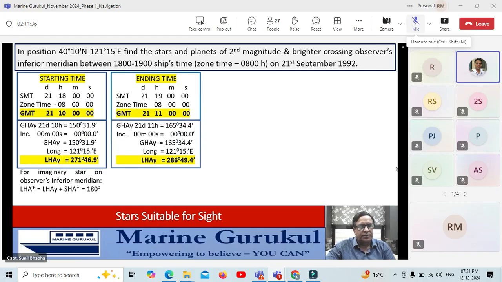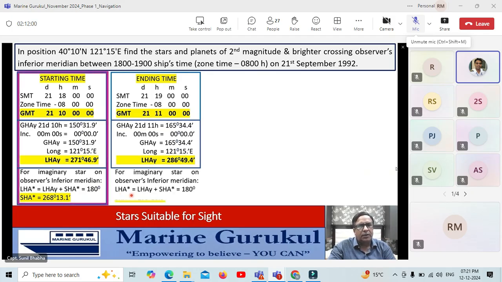You can see here LHA of the imaginary star is equal to 180, LHA Aries is 271, and putting these values, we get the SHA of the star as 268 degrees 13.1 minutes. Likewise, we get the SHA of imaginary star on the observer's inferior meridian at the end of the interval, and we put the values, and we get the value of the SHA as 253 degrees 10.6 minutes.